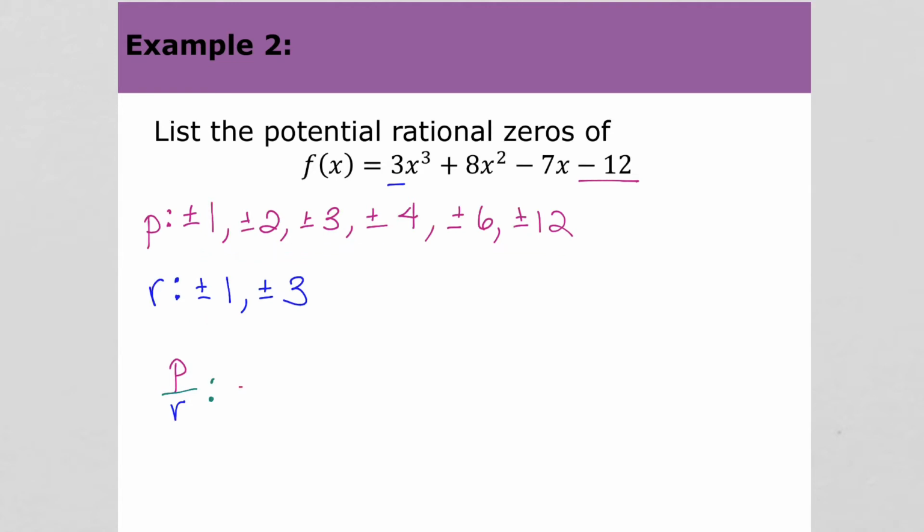So it's just plus minus 1 because it's over 1. Plus minus 2, plus minus 3, plus minus 4, plus minus 6, plus minus 12.